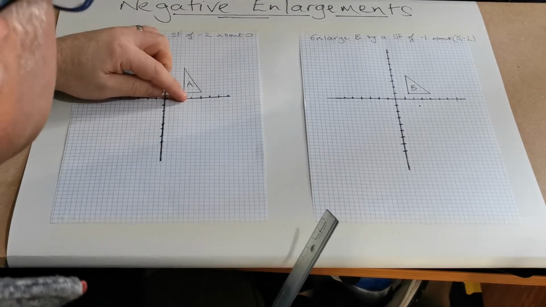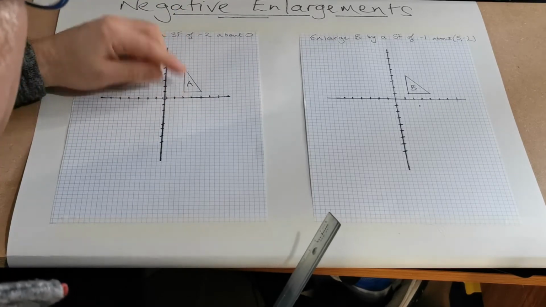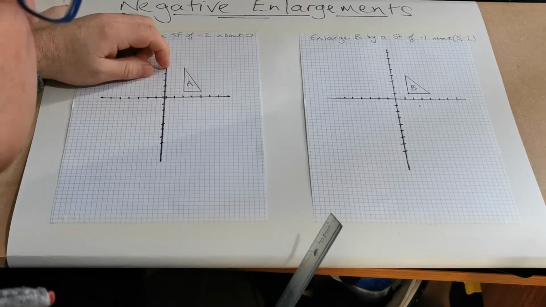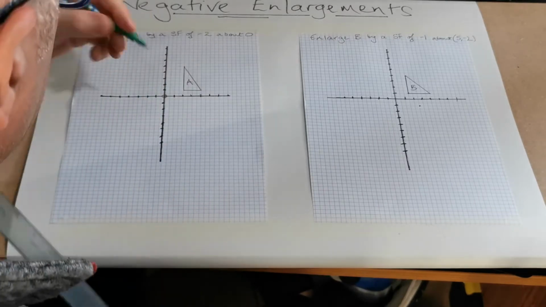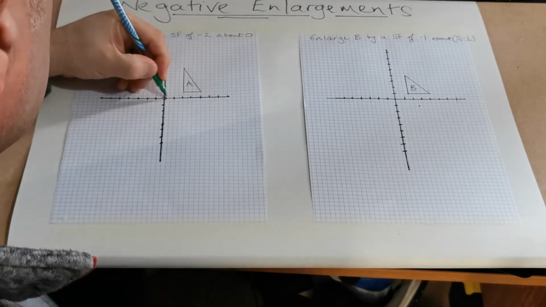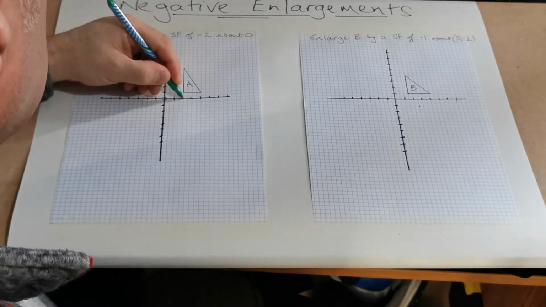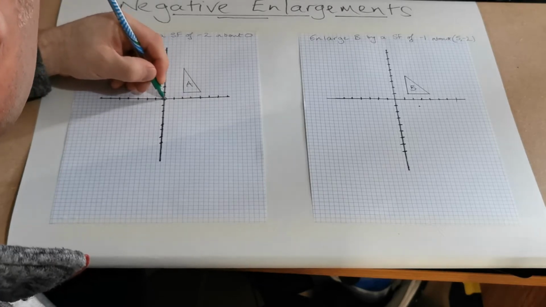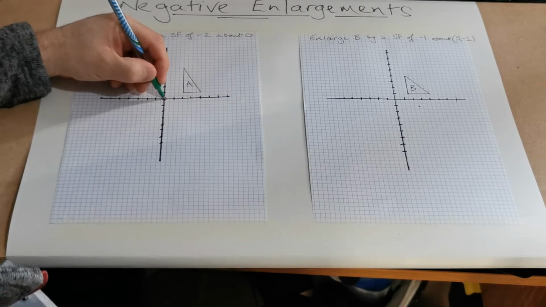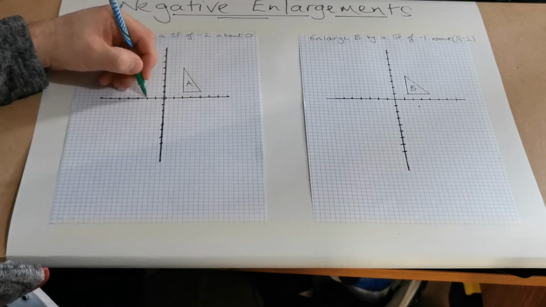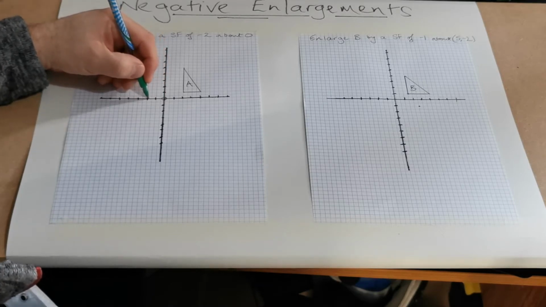So I want to take this distance here and I want to multiply it by -2. If it was 4 from here to here, if I times that by -2, that would make me -8. Now where does that go? In common sense, it makes us go in this direction to here.